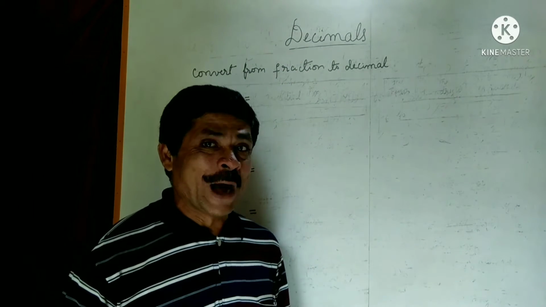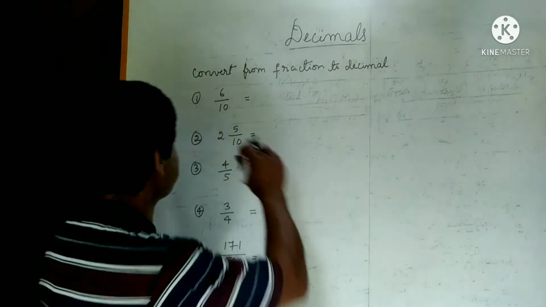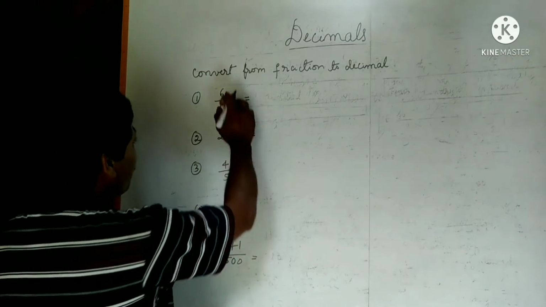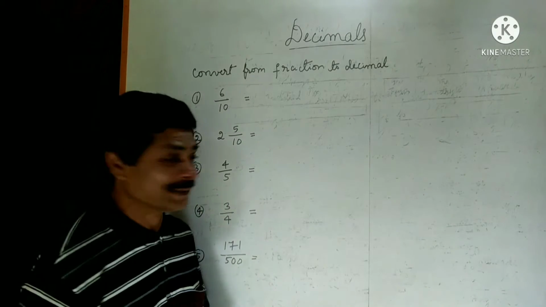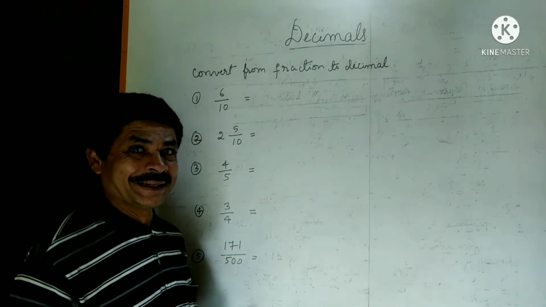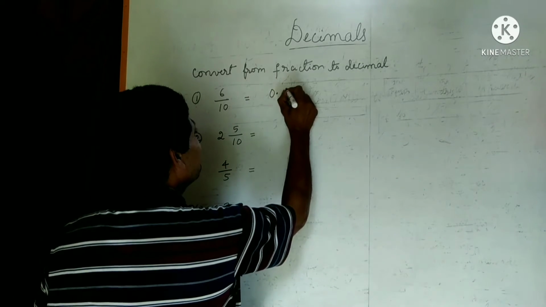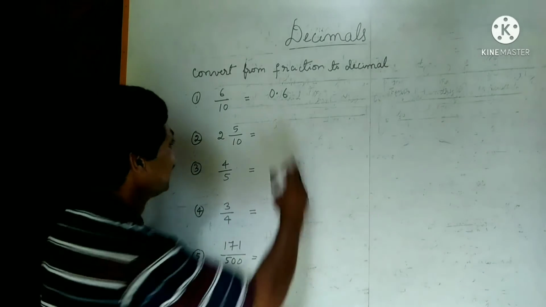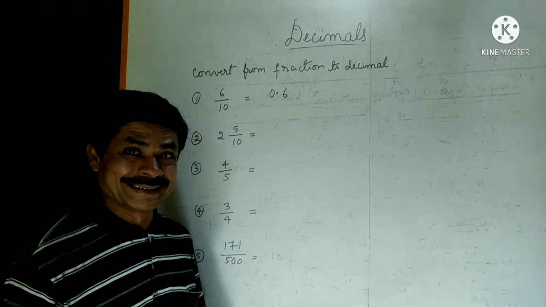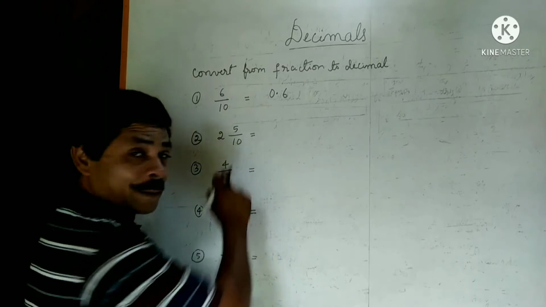Now we will learn how to convert fractions to decimals. Let us take some examples. First one, 6/10. If 10 is the denominator, you can directly convert into decimal: 0.6. This is the answer. Now the second one, a mixed fraction.